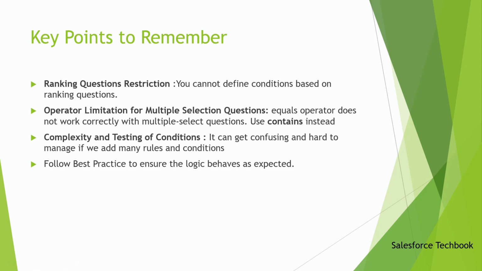So here are some of the key limitations and points to remember when using Salesforce Feedback Management page branching logic based on participant responses. The first one is the ranking questions restriction. You cannot define conditions based on ranking questions. This limits the use of branching logic for surveys that rely heavily on ranking based responses.